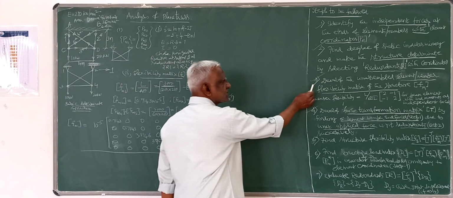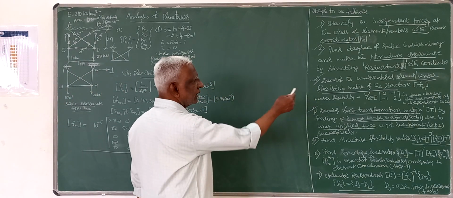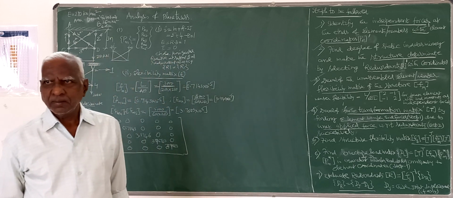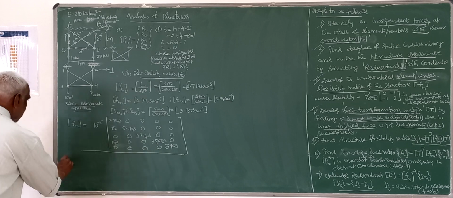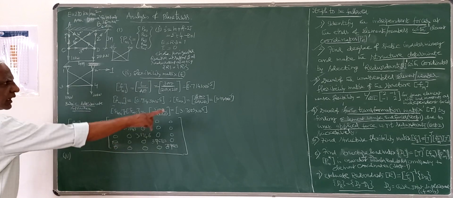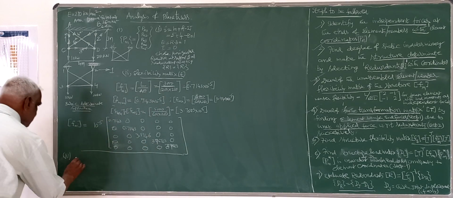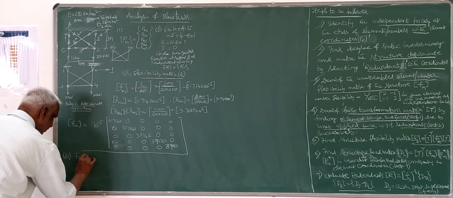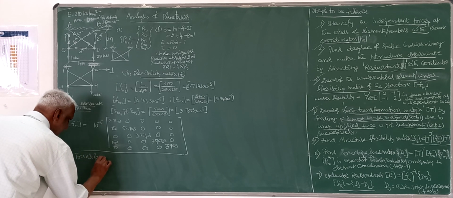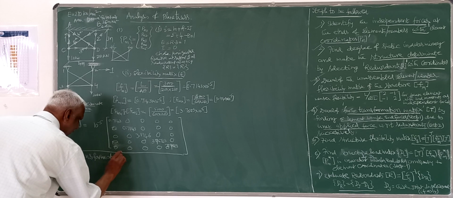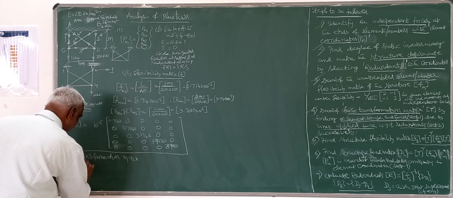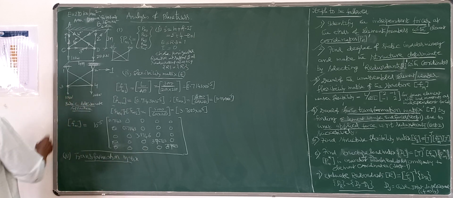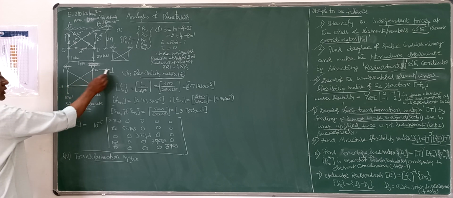That is this third step: develop unassembled flexibility matrix. So the next step, that is the fourth step, is to generate the force transformation matrix. For that I have to apply a unit load along each of the redundants. Here the redundant is only one.